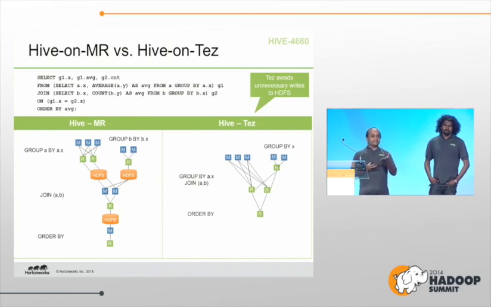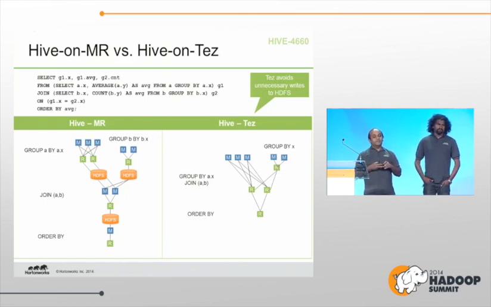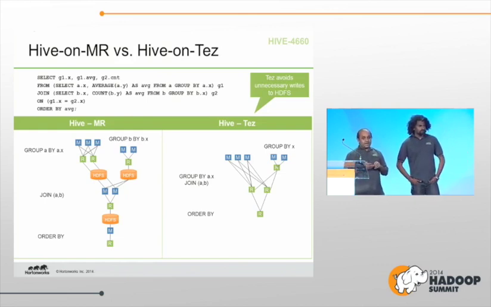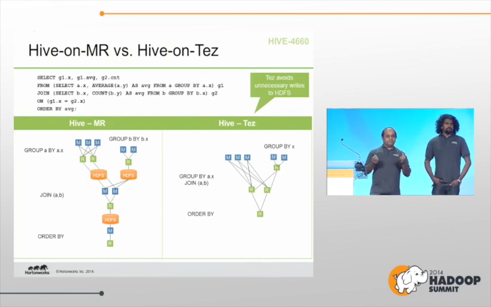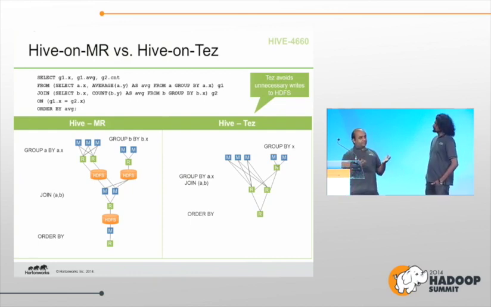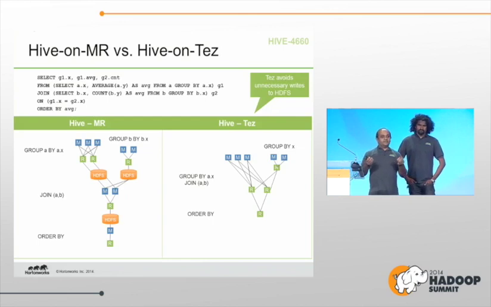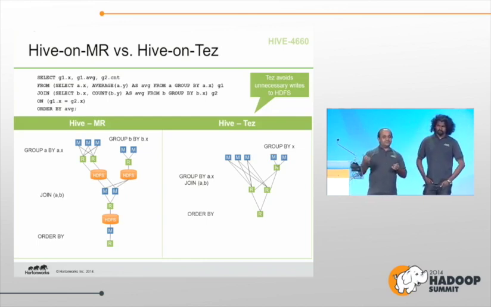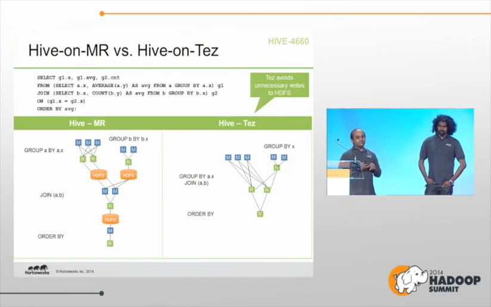You can see that this is a query which joins the output of 2 subqueries, and the 2 subqueries themselves are simple group by queries. A Hive-on-MR plan runs 2 MapReduce jobs to generate the output of the group bys, and the data is put into HDFS. After that there is another MapReduce job to do the join. Again, the data goes to HDFS, then another MapReduce job for the order by.